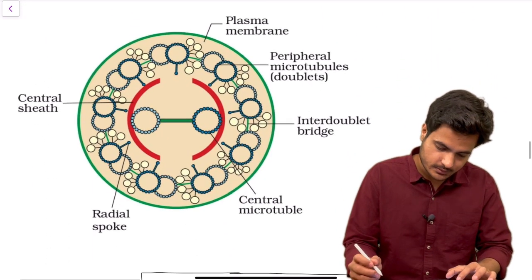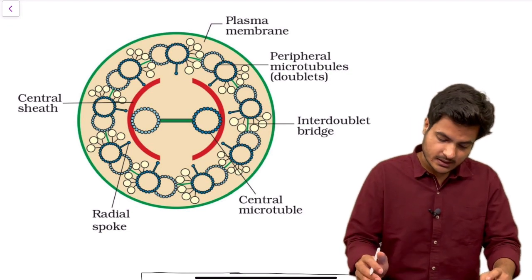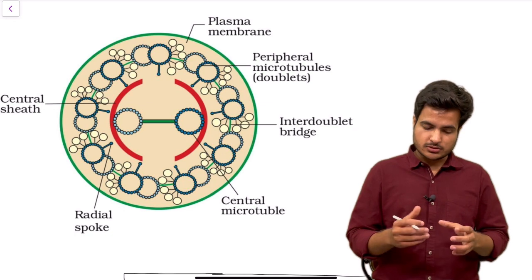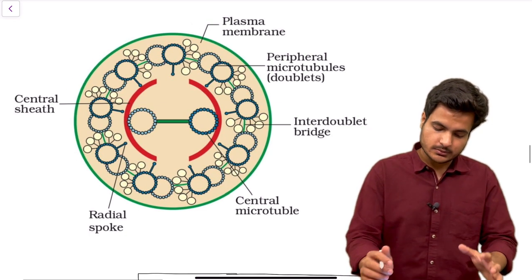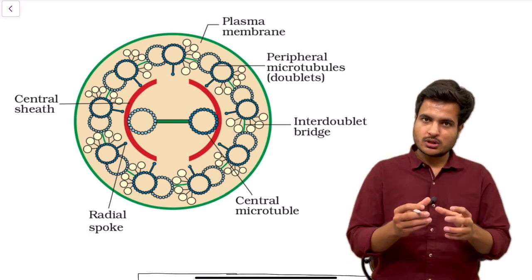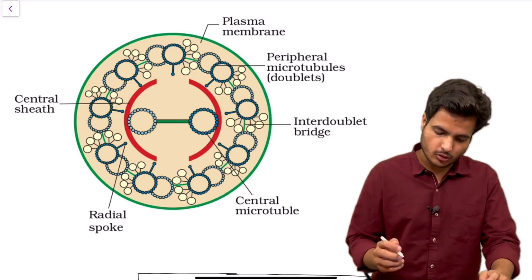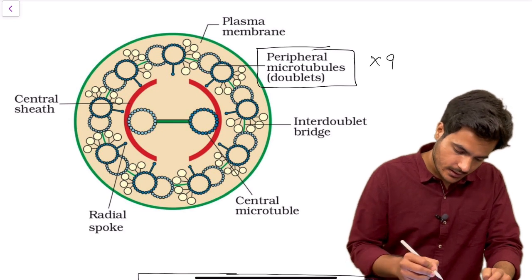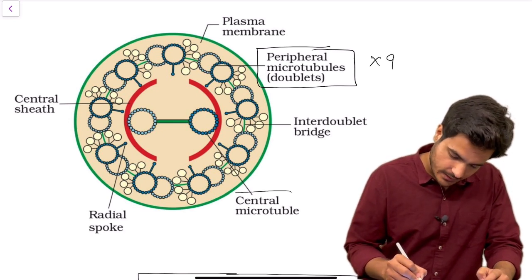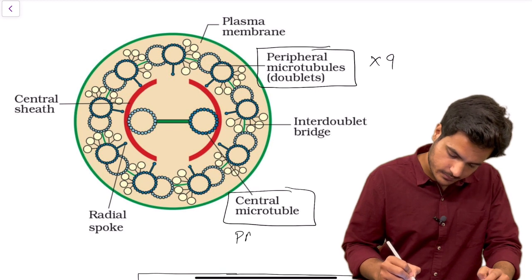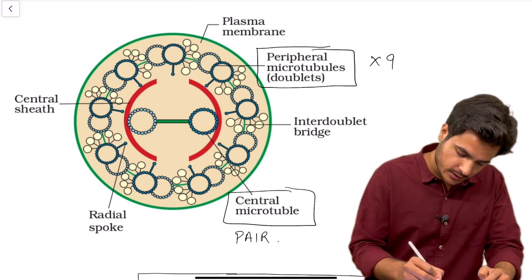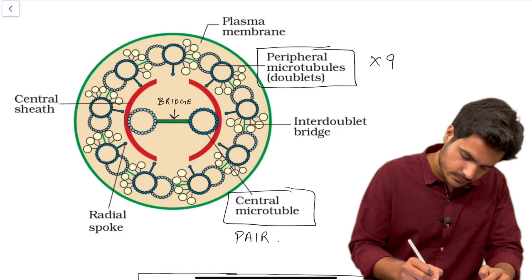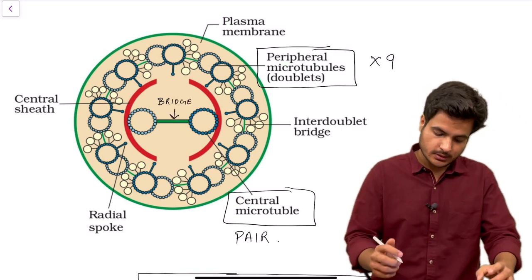Let me explain this with the diagram. So till now we have studied the axoneme. This is a diagram showing a filament. The axoneme is made up of microtubules. Microtubules are arranged in peripheral doublets, which are 9, and a central pair of microtubules, which is connected to each other through a bridge. This is a bridge connecting the central microtubules.